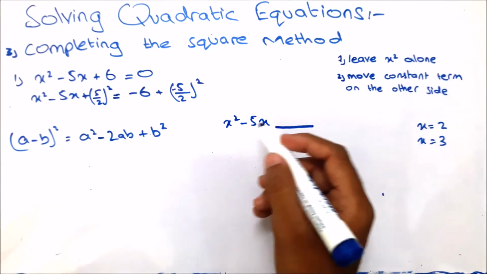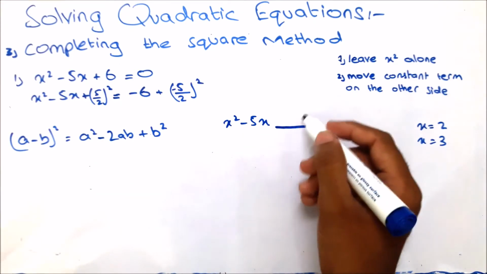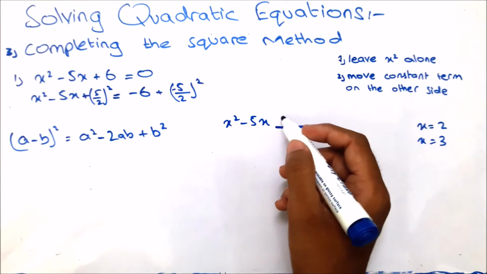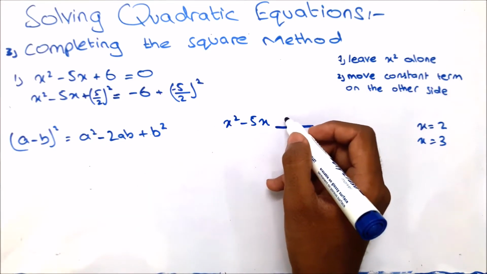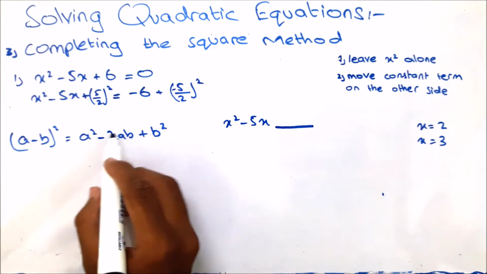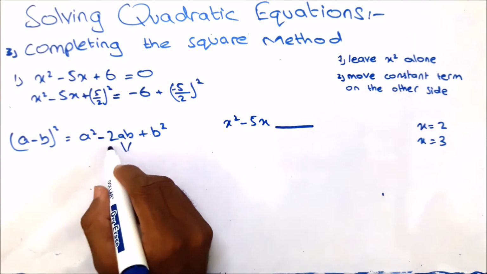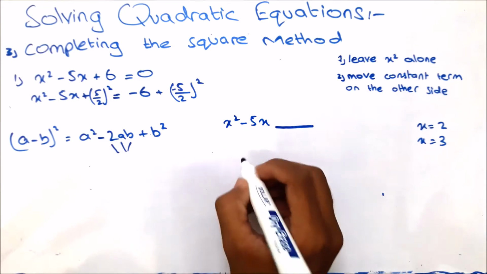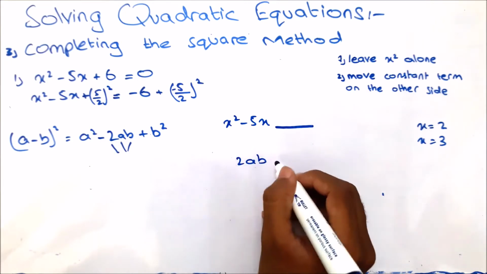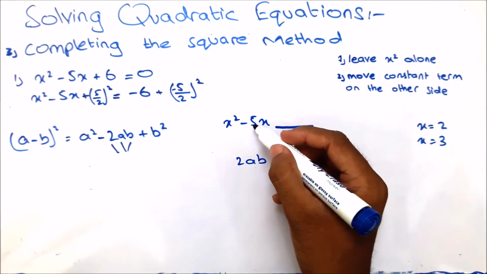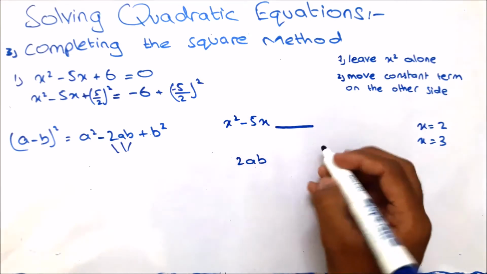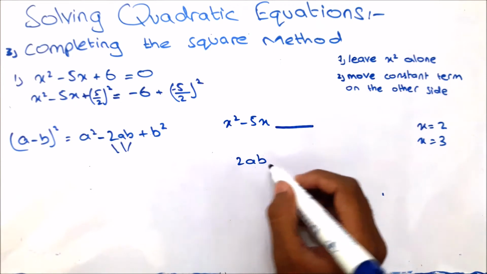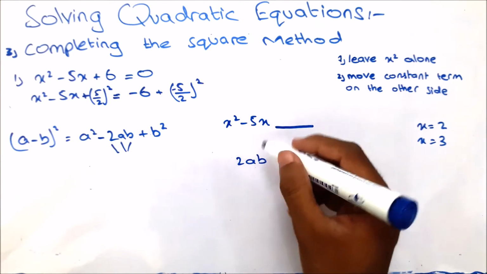What do we do to make this a complete square? We need a b square. Here we have the coefficient of a and b, 2a and b. Here we have three things, 2a and b. So this 5 is all 2a and b being performed at the same time.